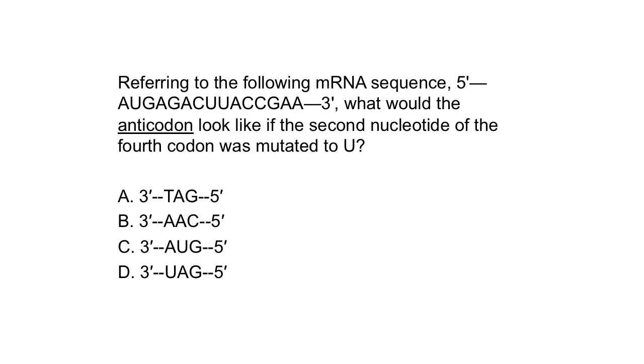Referring to the following mRNA sequence, 5 prime, this sequence, what would the anticodon look like if the second nucleotide of the fourth codon was mutated to U? So what would be the consequence of that? Please have a look at the four choices and see what would make sense in terms of complementarity of base pairing between codon and anticodon.